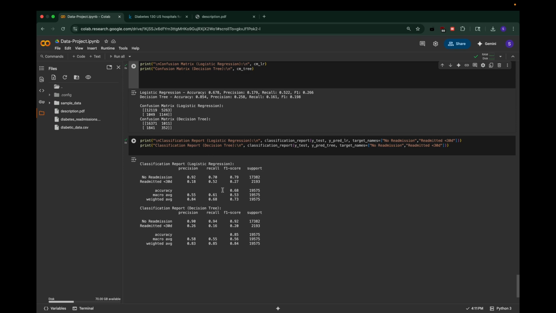In summary, the logistic regression is more effective at capturing readmissions, while the decision tree excels in overall accuracy and performance for the no-readmission class, but is weak at identifying patients at risk of readmission within 30 days.